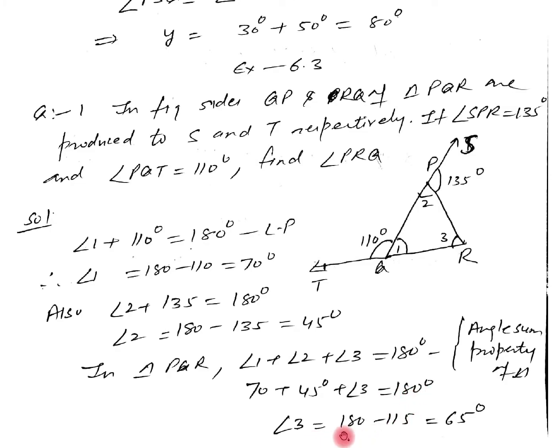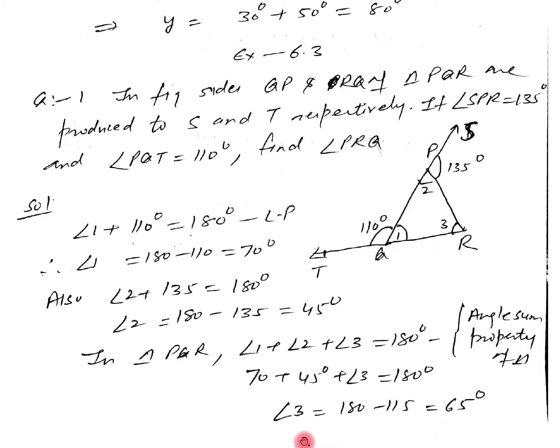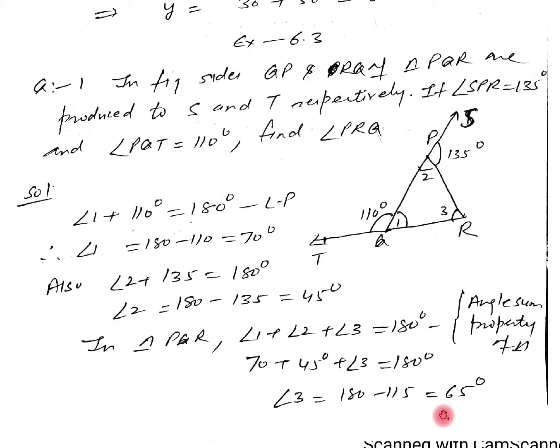Therefore angle 3 equals 180 minus 115 equals 65 degrees. Always express your answer in the same form that is asked in the question. For our convenience we numbered it 3, but in the answer we write angle 3, meaning angle PRQ, equals 65 degrees.